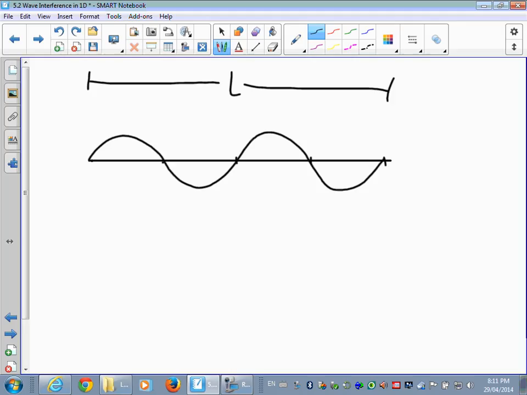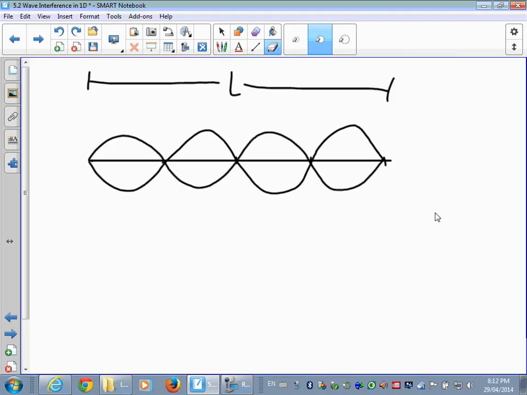And then it would have gone into destructive interference, where it'd be completely flat. And then it goes back to constructive interference, where it looks a little bit like this. So that's what a standing wave tends to look like.